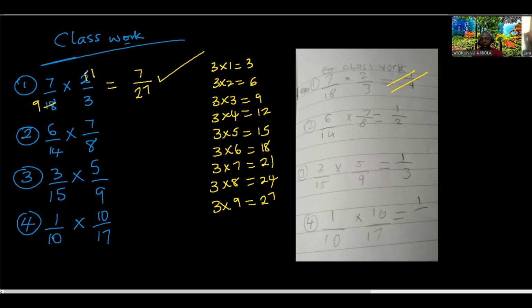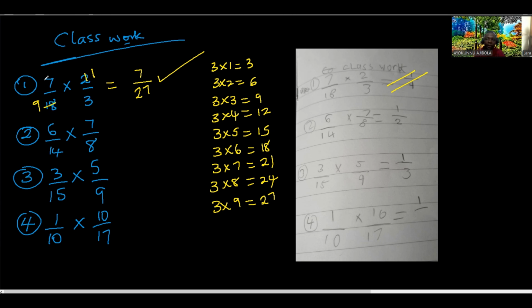So, listen again. 2 in 2 is 1, and 2 in 18 is what? 2 in 2 gives me 1, and 2 in 18 gives me what? 9.